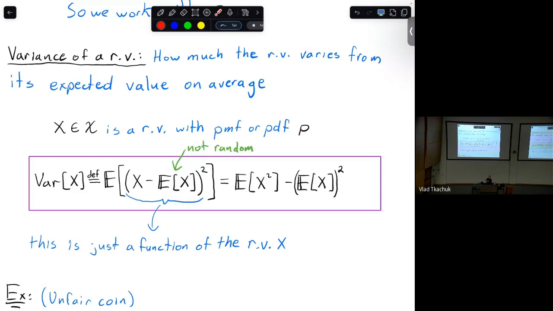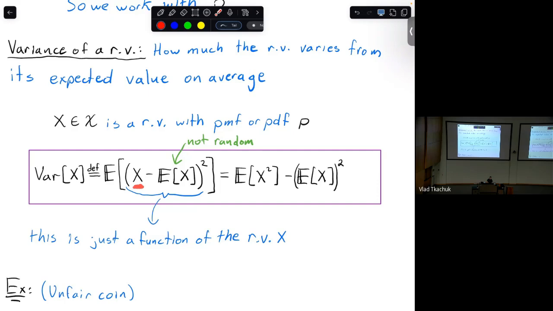You'd really want to use the absolute value, but that turns out to be ugly because it has a jump, it's not smooth. So people just square things to make it a positive number and to make things smooth. All we're trying to do is compare how much x varies relative to its expected value, and you want it to be just a number, so you square that thing.